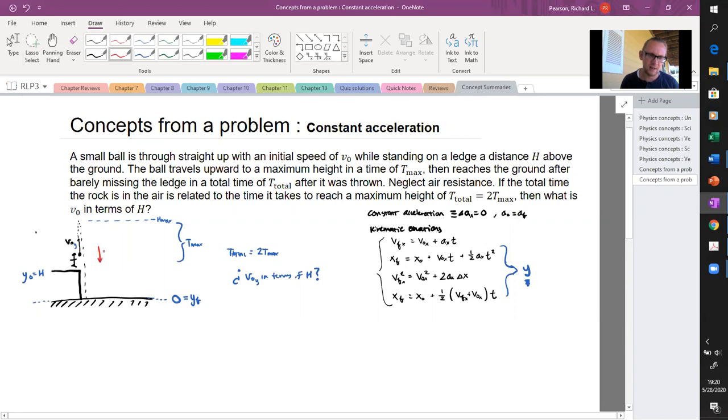Specifically, g is the acceleration of gravity, and I should say g in the negative j hat direction, because this is a sub y. But it is acting on the ball at all times. Once we let it go, the only thing that's acting on it is gravity, and gravity doesn't change. It is constant, and it's a constant acceleration with this particular problem. So that means that we are capable of using our kinematics.